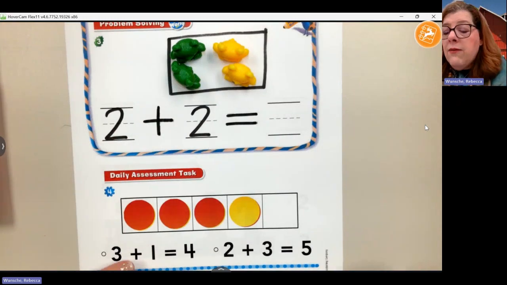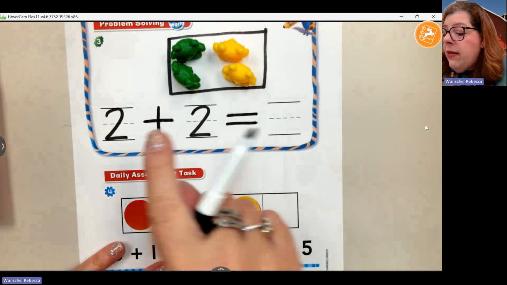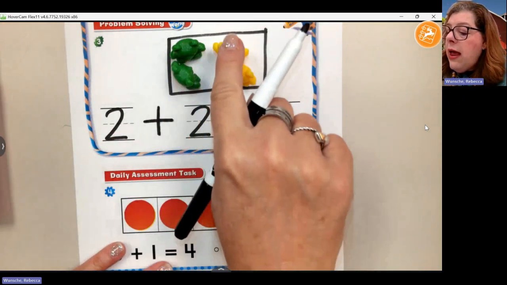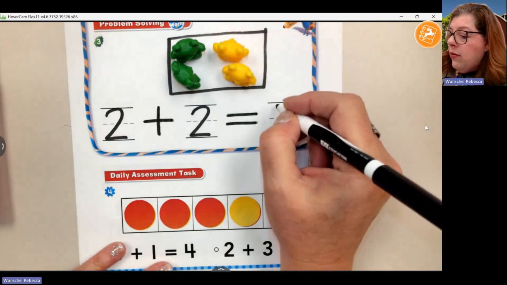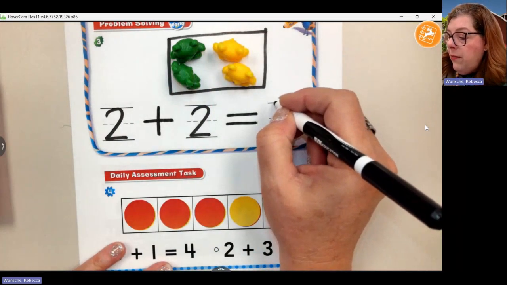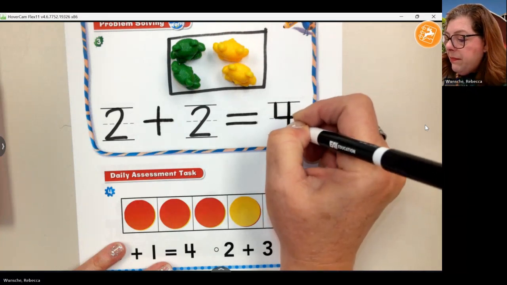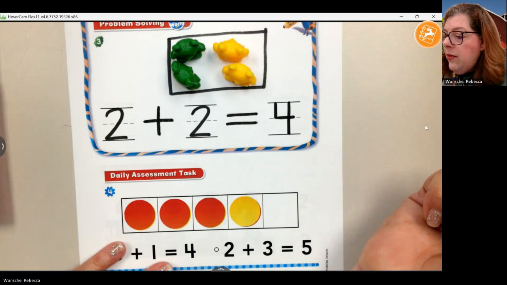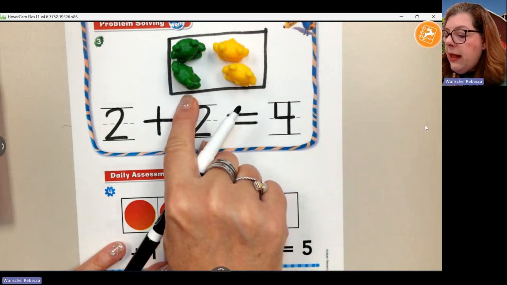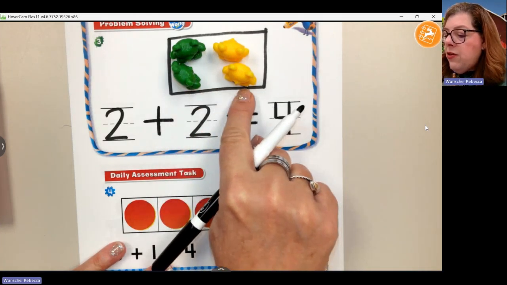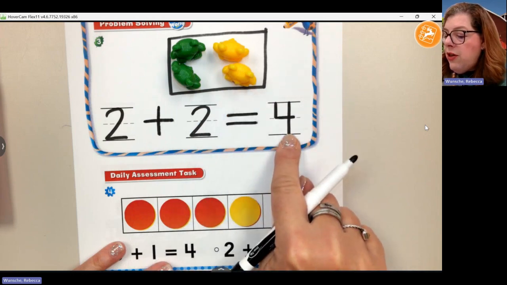It may be written in different ways, but it's all going to balance. So if I have 2 and 2, my answer is going to be 4. So my 2 sheep that I started with, my 2 sheep that joined them, gives me 4 sheep in all.